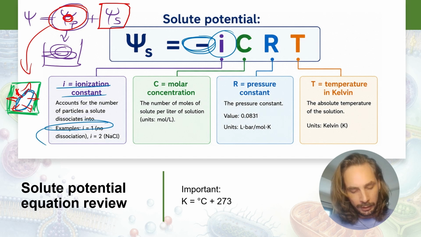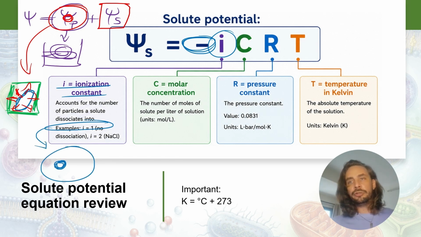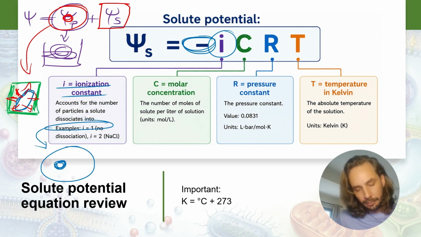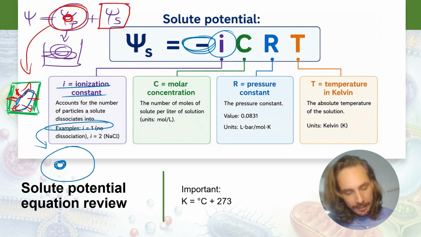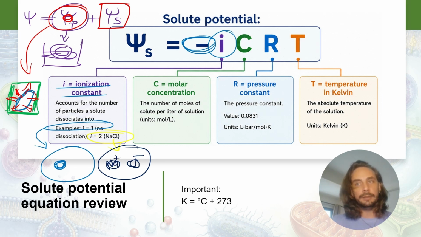If it's 1, it means that if I put this in water, it would make 1 ion. If it has an ionization constant of 2, like sodium chloride, that means if I put sodium chloride into water and it dissolves, it will create 2 ions, sodium and chloride. There are more particles for the water to interact with.